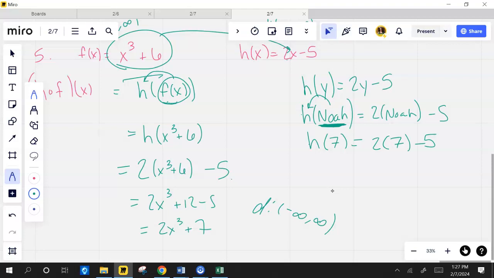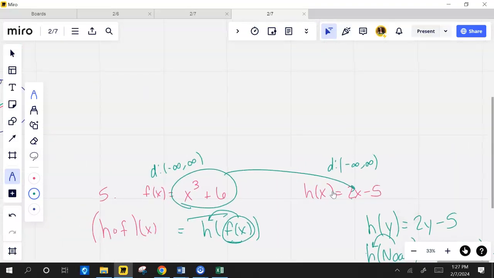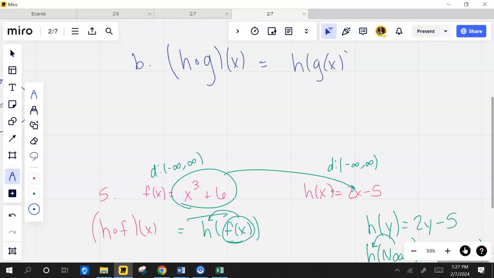Okay, let's do part B. Part B says H of G of X. Let's rewrite it because I think it's a little easier to see like this. H of G of X. Inside out. I write it in the order that it is here.